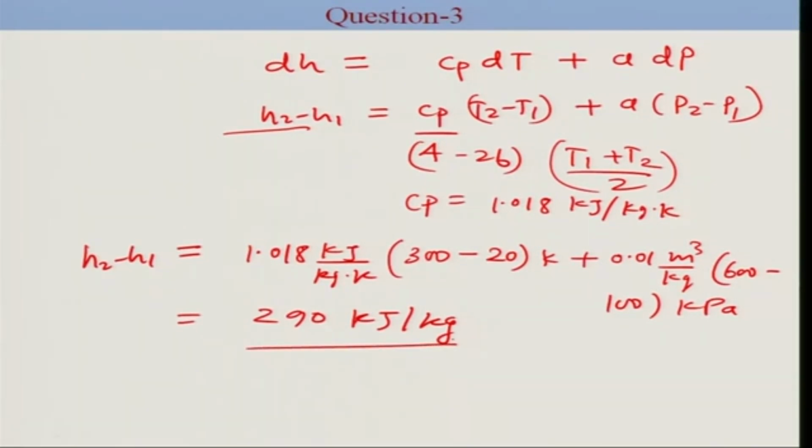We have to compare this result with the ideal gas equation of state. Since we know enthalpy of ideal gas is a function of temperature only, from there we get dH equal to Cp dT. After integrating, we get H2 minus H1 equal to Cp times T2 minus T1.